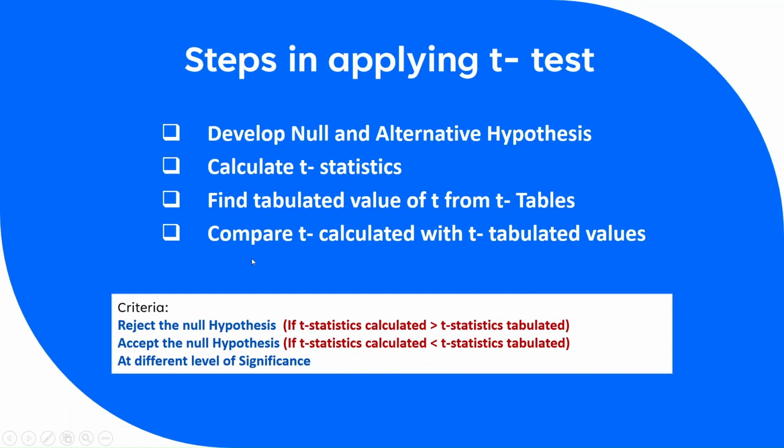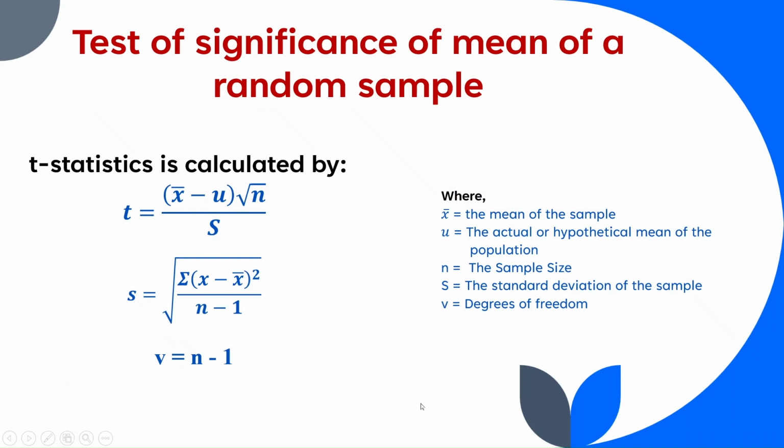And in the end, we will compare the t-calculated value with the t-tabulated value. The criterion for rejecting the null hypothesis is: if t-statistic calculated is greater than t-statistic tabulated, we will reject the null hypothesis. And if t-statistic calculated is less than t-statistic tabulated, we will accept the null hypothesis. We can choose a different level of significance for testing the hypothesis.